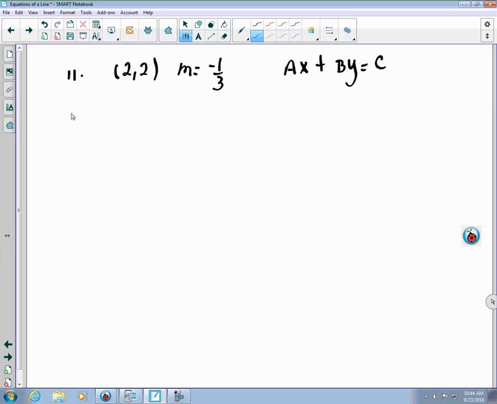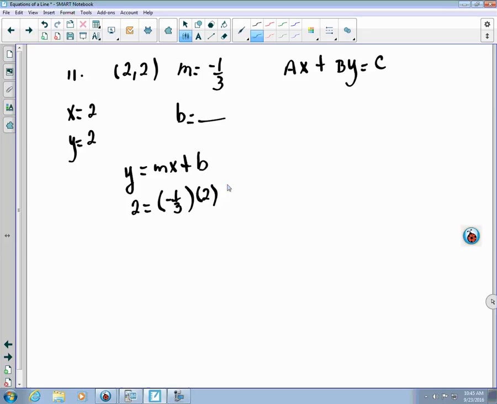So what do I have? I have that x equals 2. I have that y equals 2, but I need what? I need the y-intercept, which is b, right? So we're going to go to mommy equation, slope-intercept form, and let's start plugging in. What's y? 2. What's m? -1/3. And what's x? 2. All right.